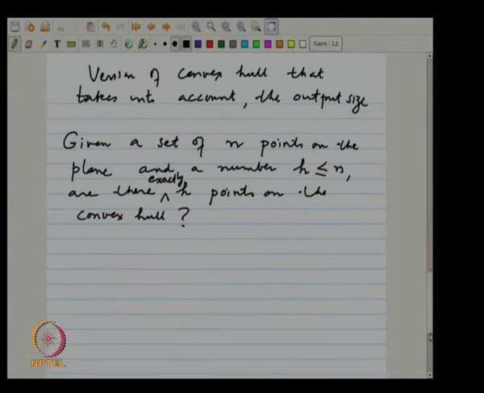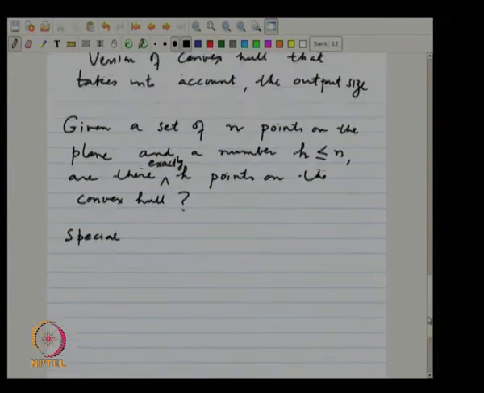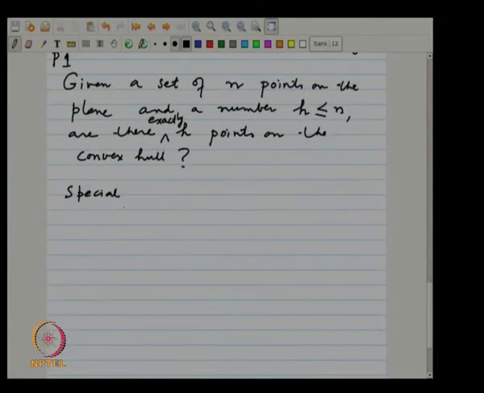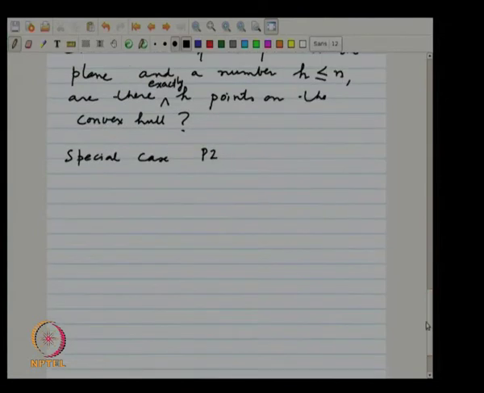So, for this problem, what I will devise is a special case of this problem. Okay. So, let us call this problem P1, and then we will talk about a special case P2, and P2 looks like this.